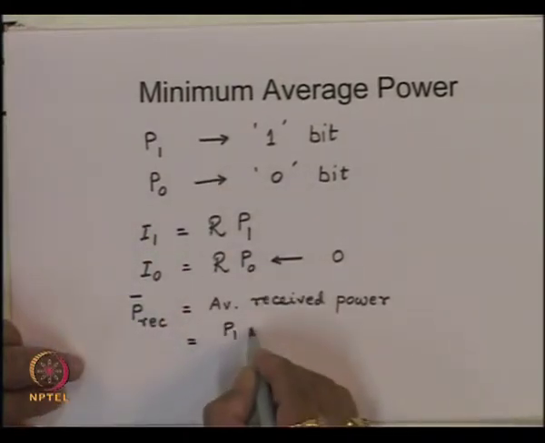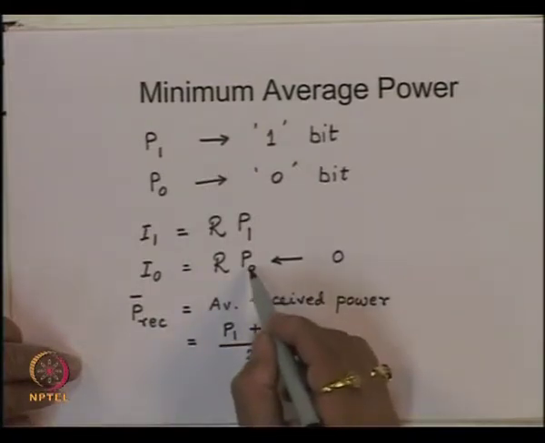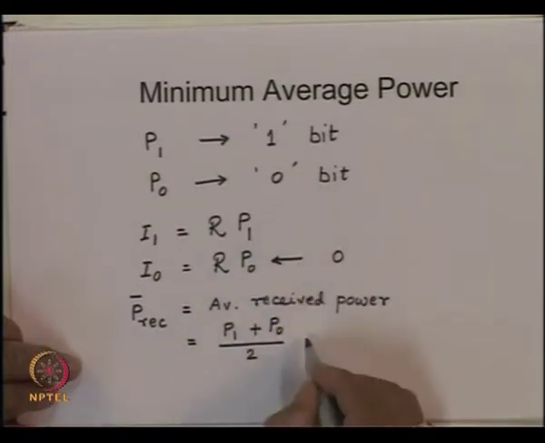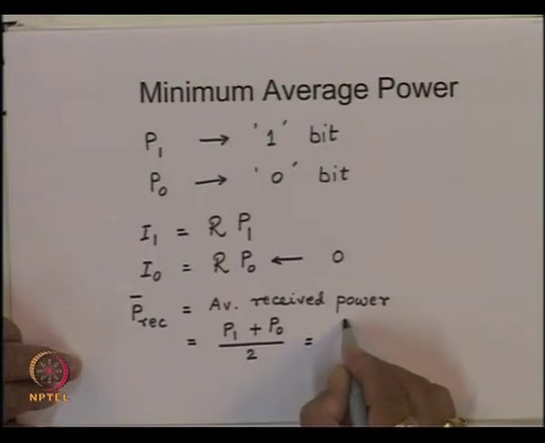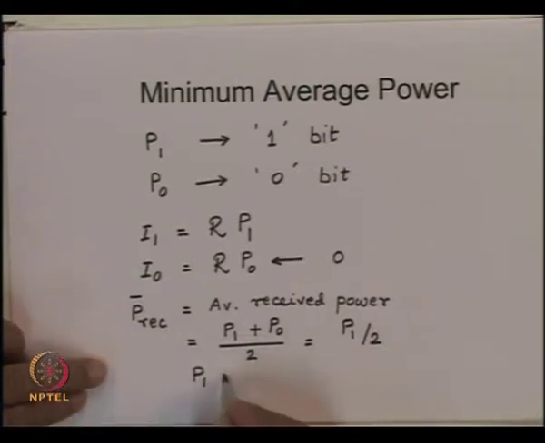So, that is P1 plus P0 upon 2. In this case, since we are assuming that the power corresponding to the 0 level is 0, this quantity is P1 upon 2. So, the power P1 received is 2 times the average received power. So, we have P1 equal to 2 times P bar received.